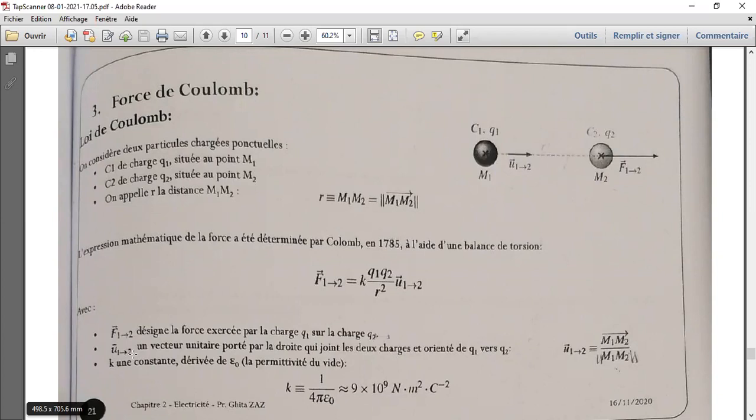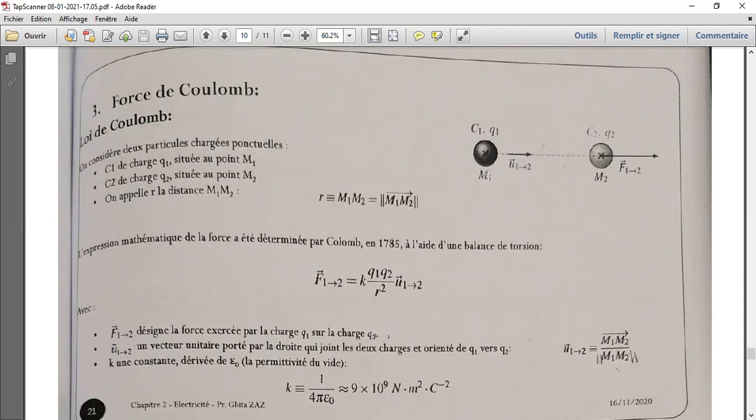Then K is your constant. Excuse me, yes. So if it was moving from Q2 to Q1, it will be 2 to 1. If they tell you to calculate the force at 2 towards 1, it means you're moving from Q2 going to Q1.